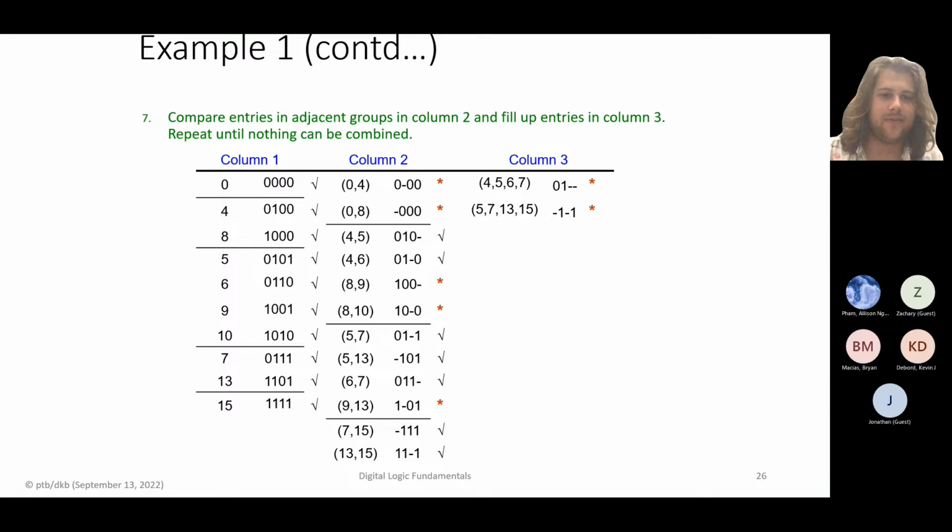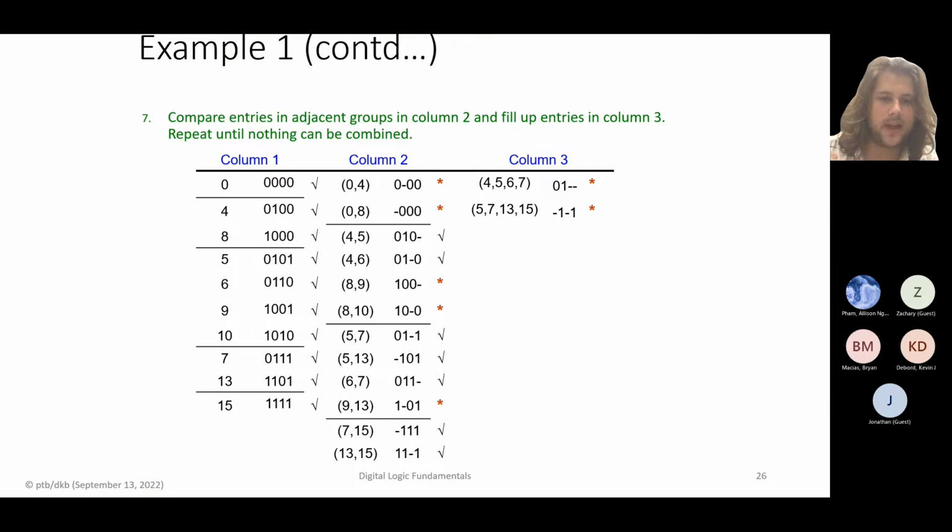Similarly, you can see the 4 5 and the 4 6 term. They vary by 1 bit, sorry, the position of the don't care. Because they are all the same except for the don't cares, they get smushed together, and we can add the don't cares together, which gives this term. Likewise, when we come down here, we see that the 5 7 and the 13 15, the 0 and the 1 are the only bit of difference, which is why they appear up in here.